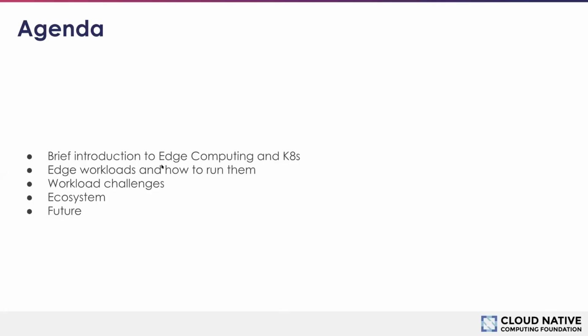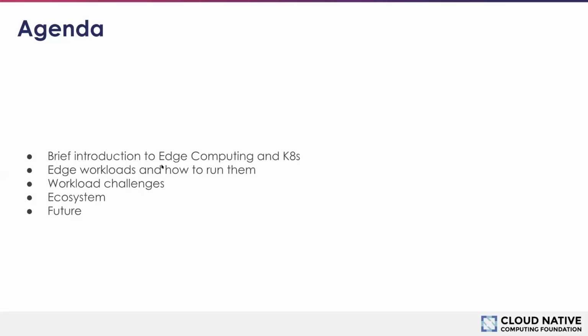So we'll start with a brief introduction to edge computing in Kubernetes. We won't go too deep into this because there are a lot of other places where people are defining edge computing in general. But we need to do this in order to, as I said, define the common vocabulary and to understand what we mean when we mention certain terms.